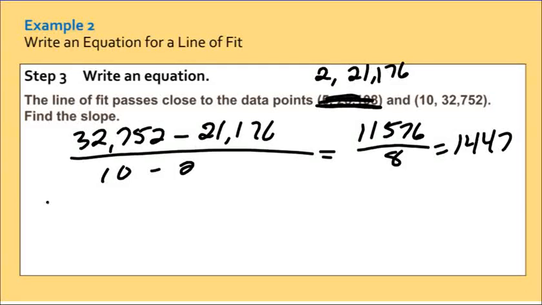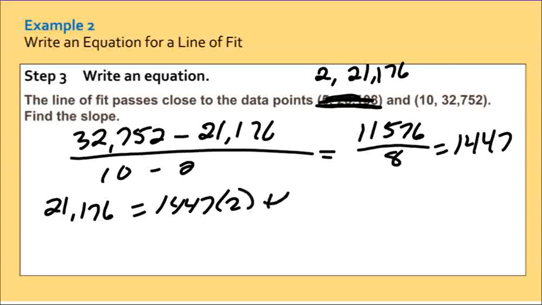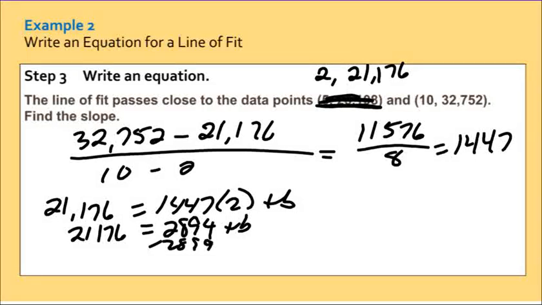So the y would be 21,176. I'm going to use that point equaling slope of 1,447 times 2 plus our b. So I do 1447 times 2 gives us 2,894 plus b equals 21,176. Subtract 2894.